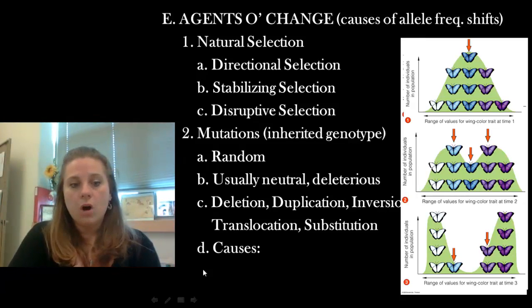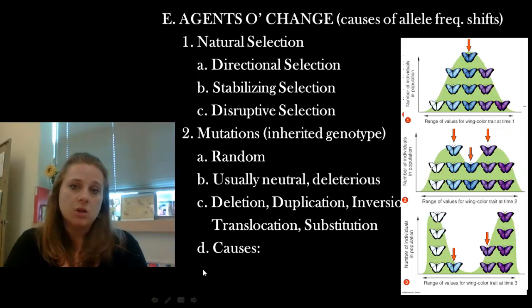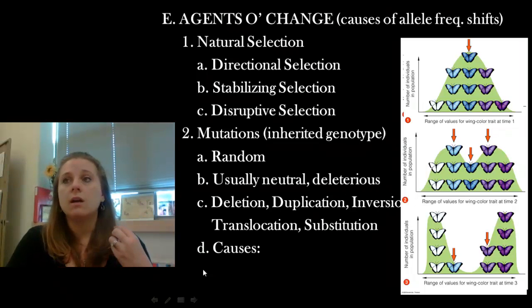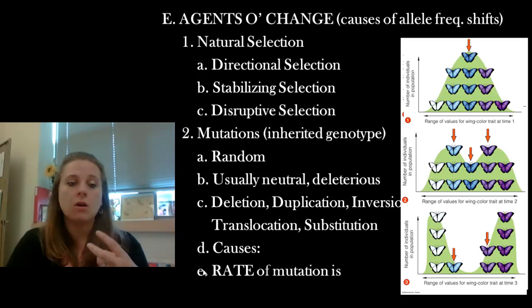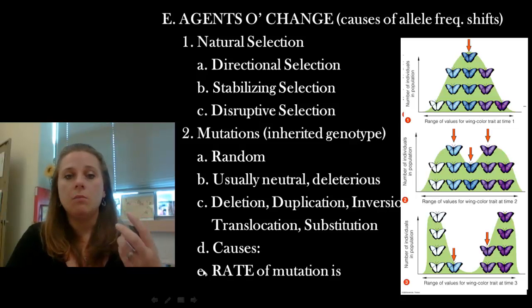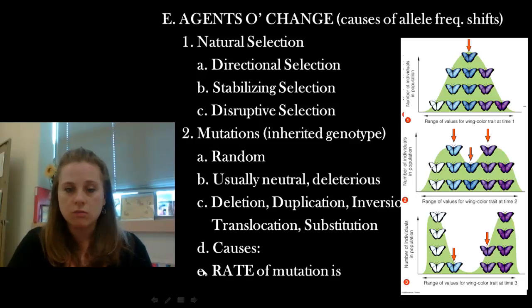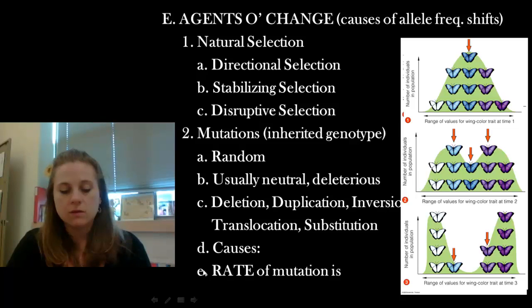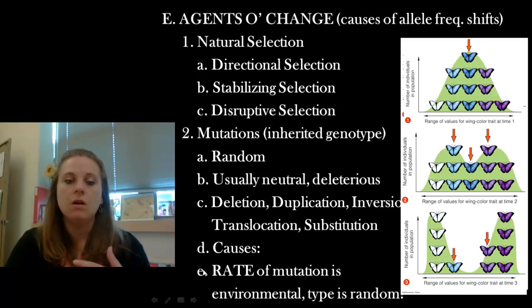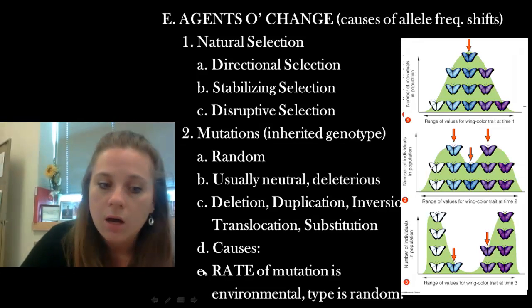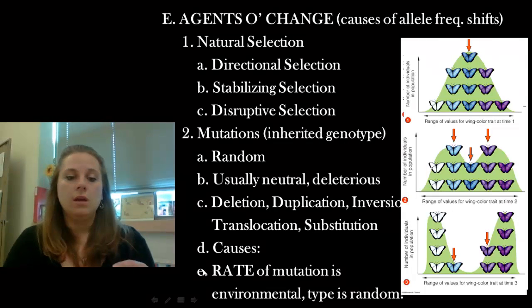So causes of mutations, though, we've spent some time talking about. We know that there's radiation that can cause mutation. Chemicals can cause mutation. All types of things. So we've spent some time discussing those errors in replication. However, the thing about this is that the rate is really low. Mutations are ultra rare. So that rate is based on environmental factors.